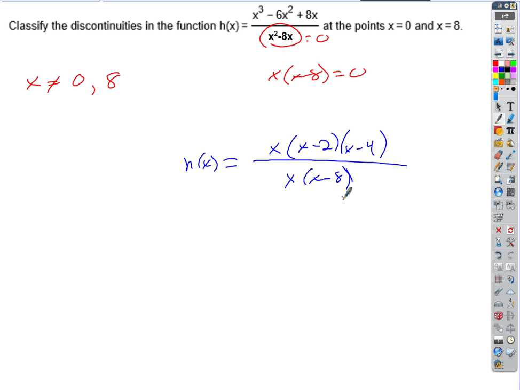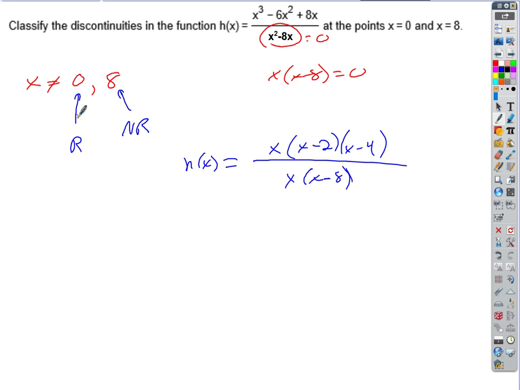So now, you tell me, what's going on at 0, removable or non-removable? Removable, good, because x is a factor of the top and the bottom, right? So that's one I can get rid of by just canceling the x's. Everybody agree? The 8, though, doesn't cancel, and so that one's non-removable, that one's removable, good.